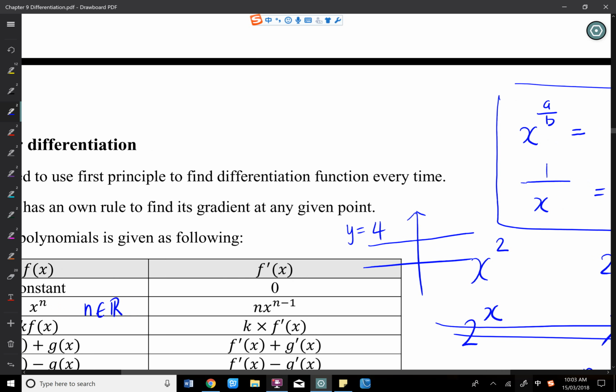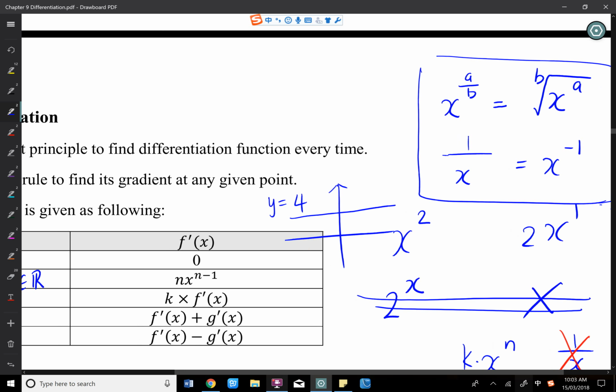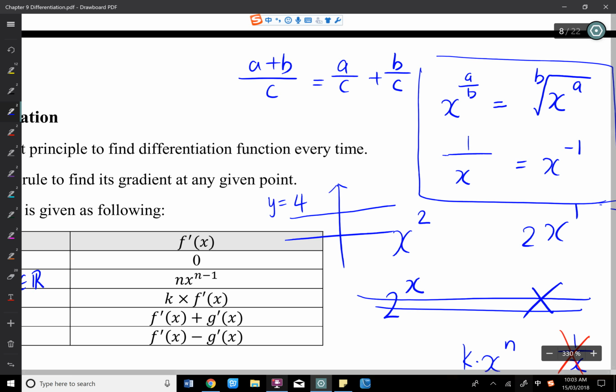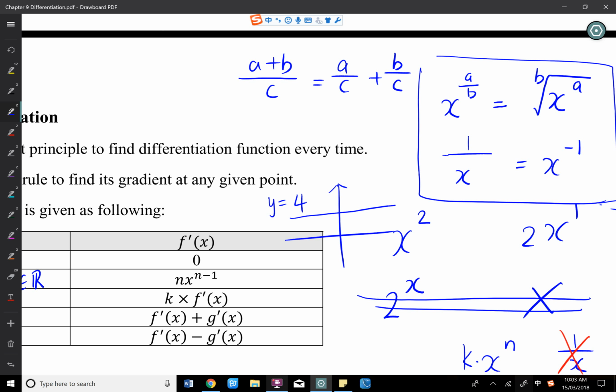Another useful rule is (a plus b) over c, which equals a over c plus b over c. That's another way we can separate fractions. When you have multiple terms on the numerator, you can separate by this method.